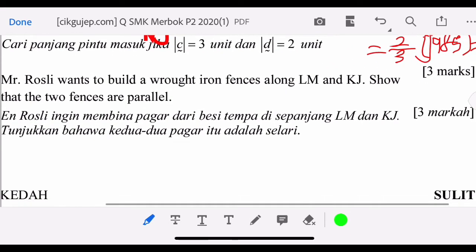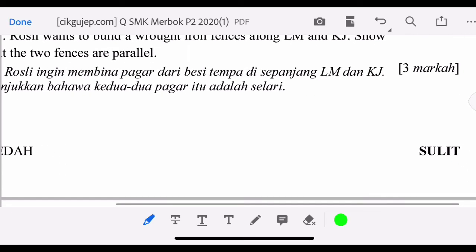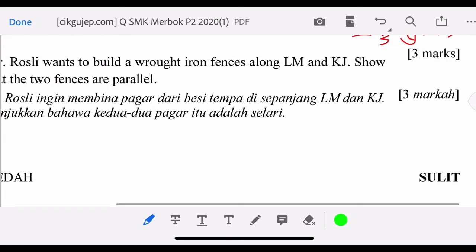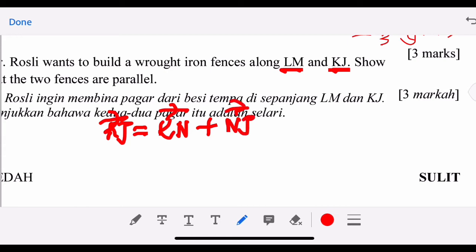Now the last part of this question is you have to determine whether LM and KJ are parallel or not, because Rosalie wants to build iron fences along LM and KJ. In order to prove the two vectors are parallel, we need to show the ratio, that means we need to show the two vectors can be expressed in terms of how many times, so we need a constant.